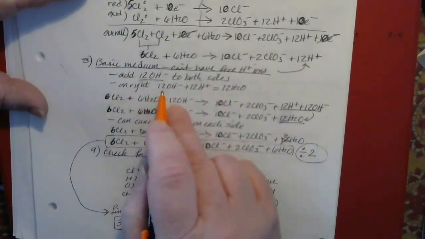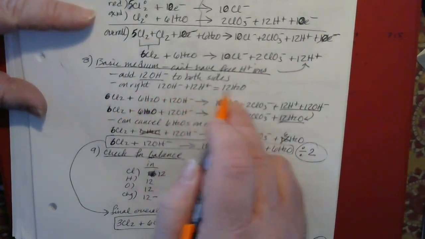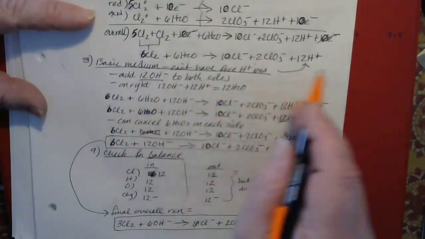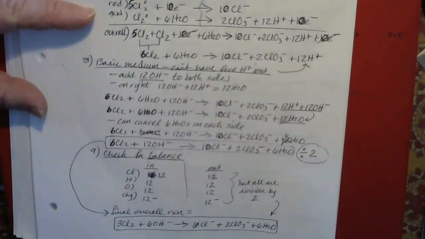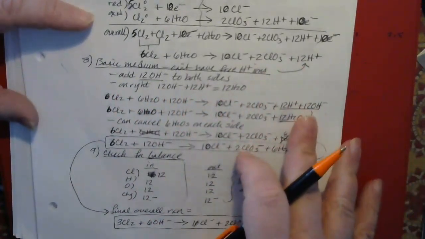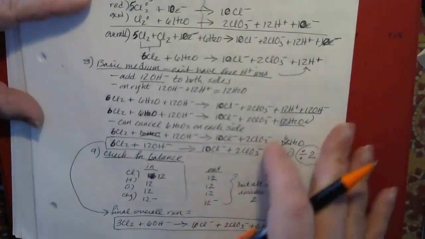Okay, because 12 OH minus plus 12 H plus yields 12 H2Os on the side that has the H pluses. On the other side, you just have 12 OH minuses hanging around, but that's okay because it's in a basic solution.